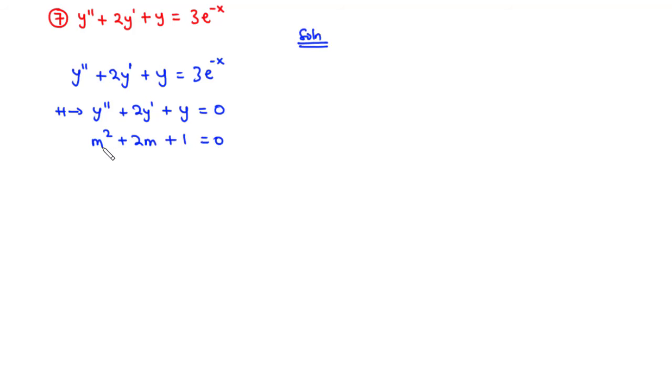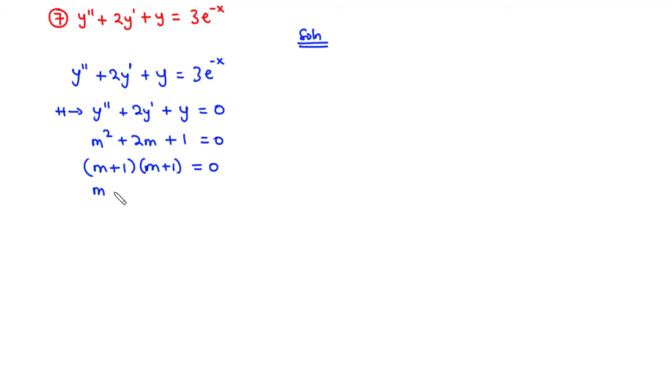We multiply coefficient of x squared by coefficient of constant, we have 1. Two numbers that when you multiply you have 1, when you add you have 2, that's going to be 1 and then 1. So 1 plus 1 is 2, 1 times 1 is 1. So we have m plus 1, m plus 1, that is equal to 0.